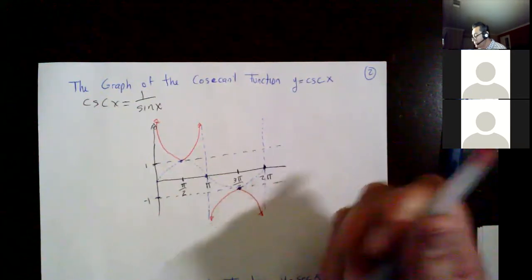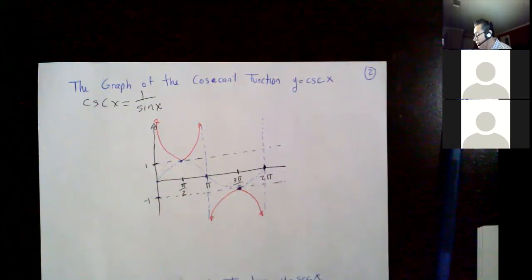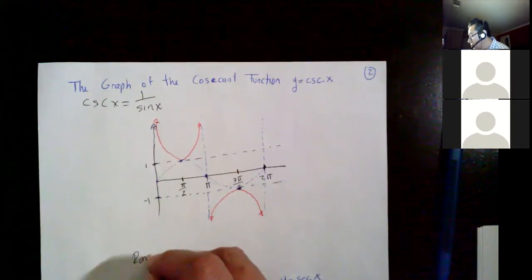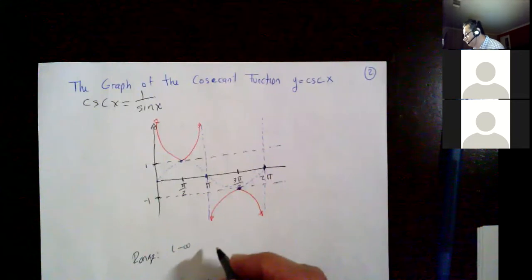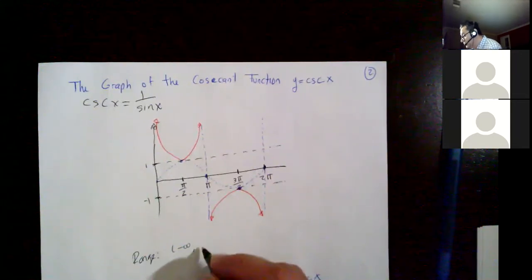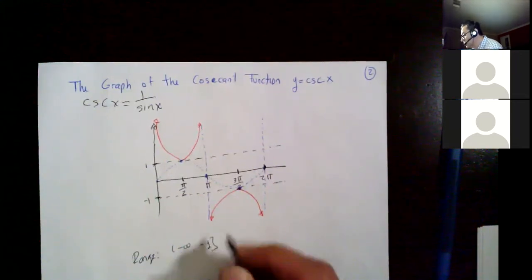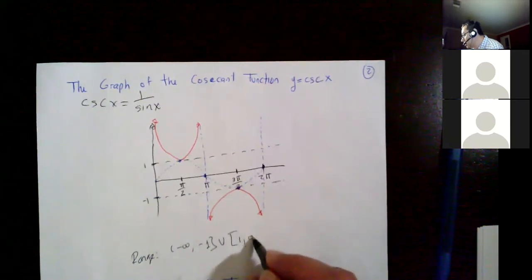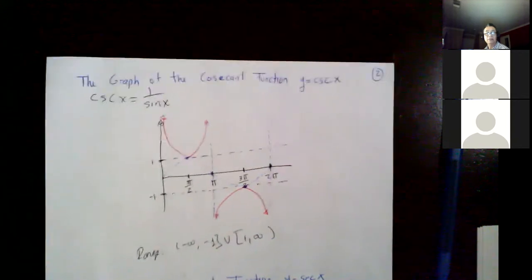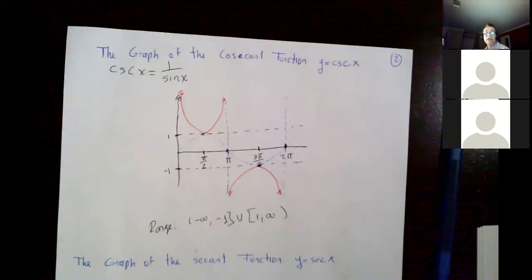Let me write it here. That was from negative infinity to -1, and from 1 to infinity. That is the range, you guys. That's why the graph looks that way. And I think that now it makes sense.